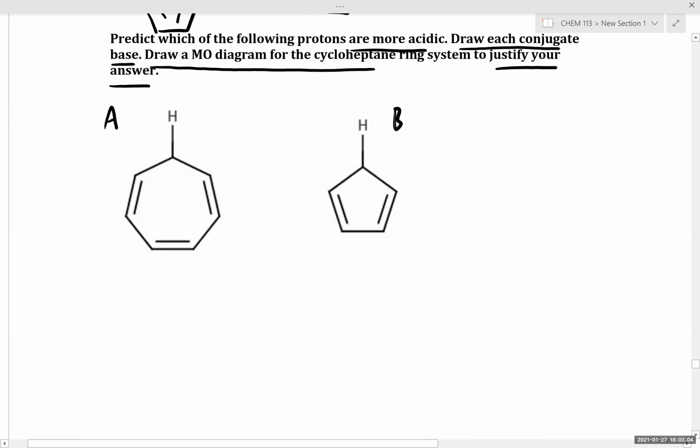And are there any questions that I can answer about this problem? Any questions on this example?